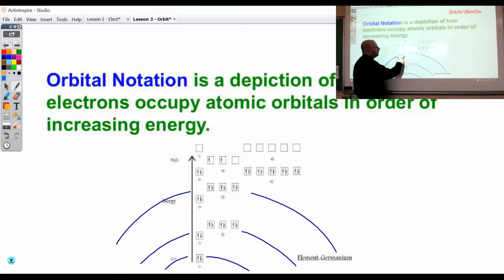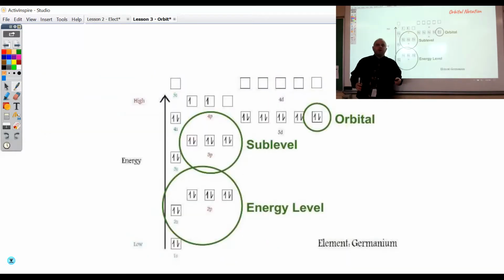When we keep going, you'll notice that the number of sublevels also increases, and that is occurring because as we go higher and higher and further away from the nucleus, we start introducing the P sublevel, the D sublevel, and eventually the F sublevel.